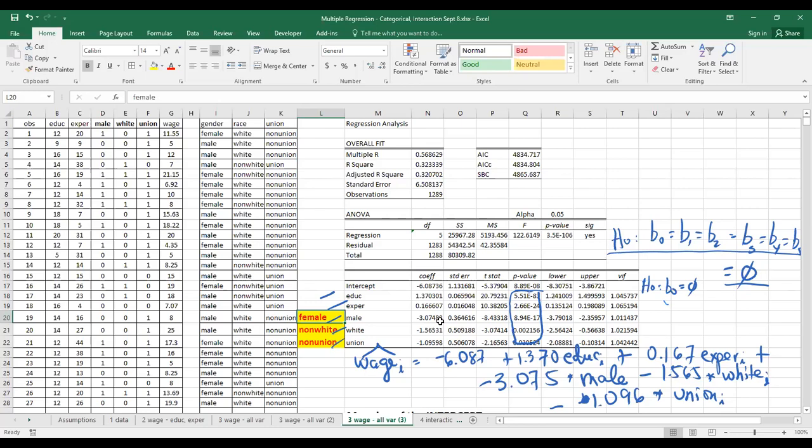Let me repeat that, guys. Females on the average receive $3.075 less compared to, compare natin sa benchmark natin. Sino yung benchmark natin, guys? Ang benchmark natin, si male. Kasi si male yung ginawa nating zero.